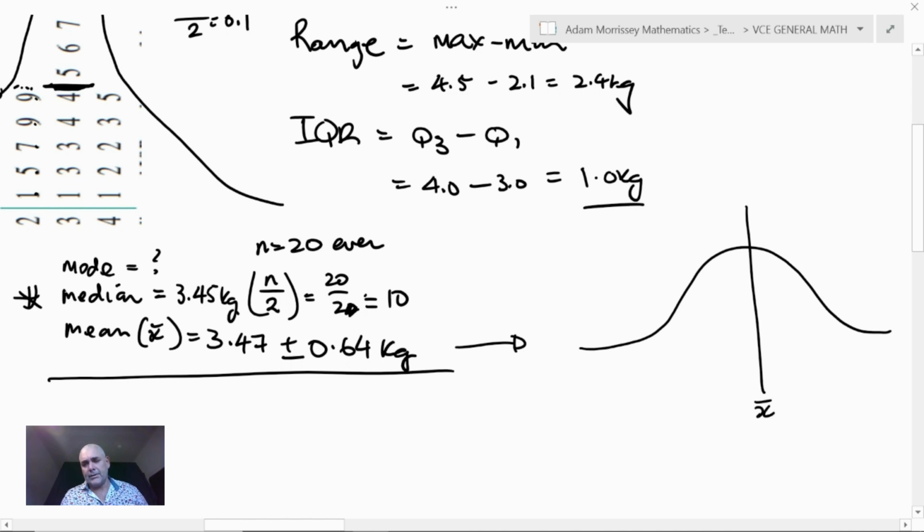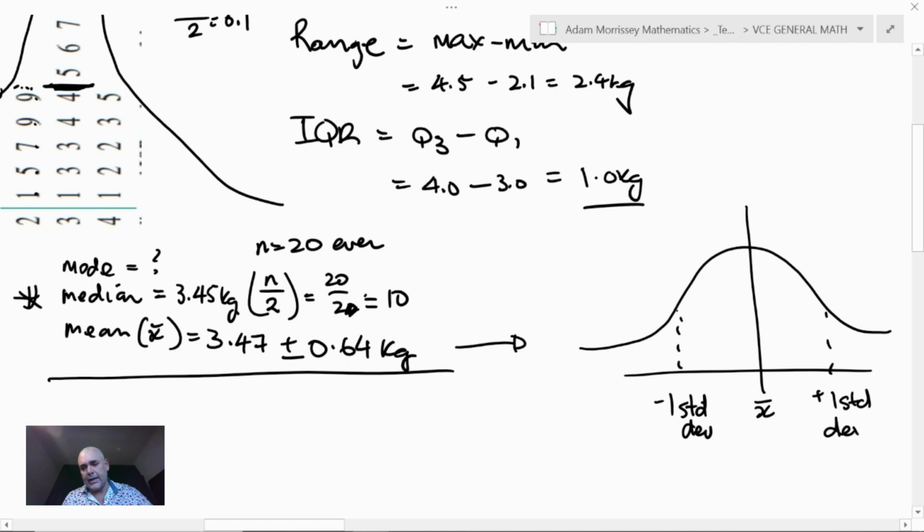We've got the mean in the middle, and what are we actually saying when we report the standard deviation? We're saying we're going to subtract one standard deviation here, and we're going to add 1 standard deviation here.